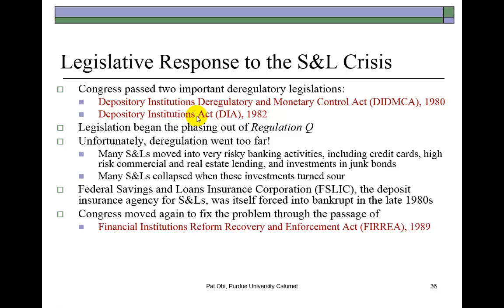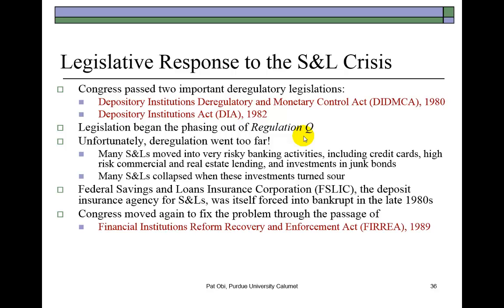Germain Act of 1982, named after the two senators that sponsored the bill. So these regulations phased out Regulation Q eventually so that thrift institutions, S&Ls, can now compete in paying market interest rates on customer deposits, such as money market deposit accounts and savings accounts and stuff like that.